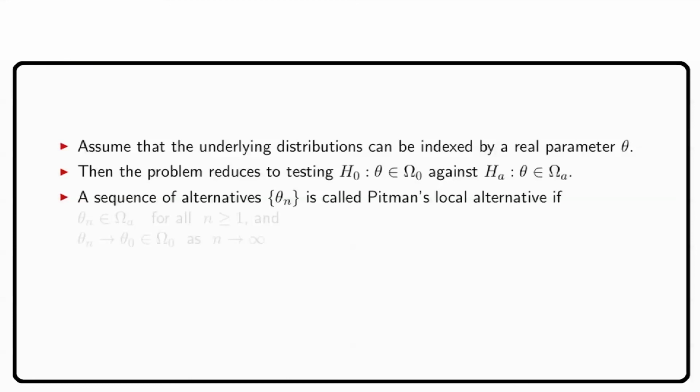Then a sequence of alternatives theta n is called Pitman's local alternatives if, number 1, theta n belongs to omega A for all n greater than or equal to 1, and number 2, theta n tends to theta naught belonging to omega naught as n tends to infinity.